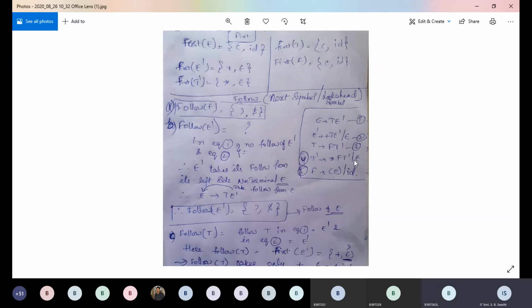Do you remember? Yes, ma'am. What is a context free grammar? The left side will contain only one non-terminal. So if you take E dash or anything, you won't have any follow for this. You cannot compute follow if you consider the left side productions, because it is a rule in context free grammars that the left side production will be of length 1 only. There is no chance to compute the follow. So that's why we have to consider only the right side productions.